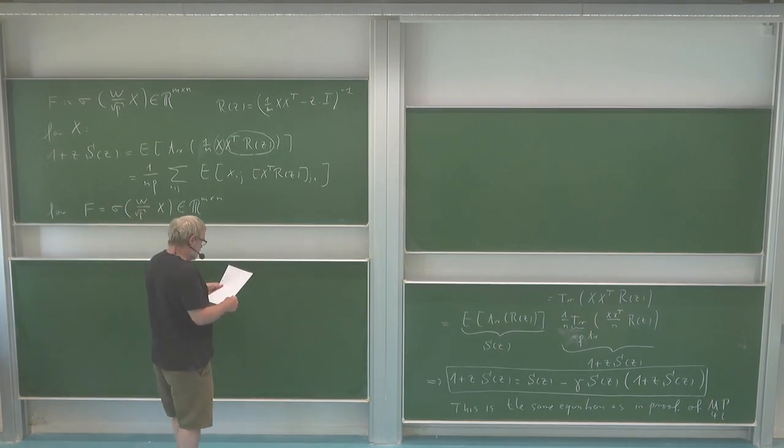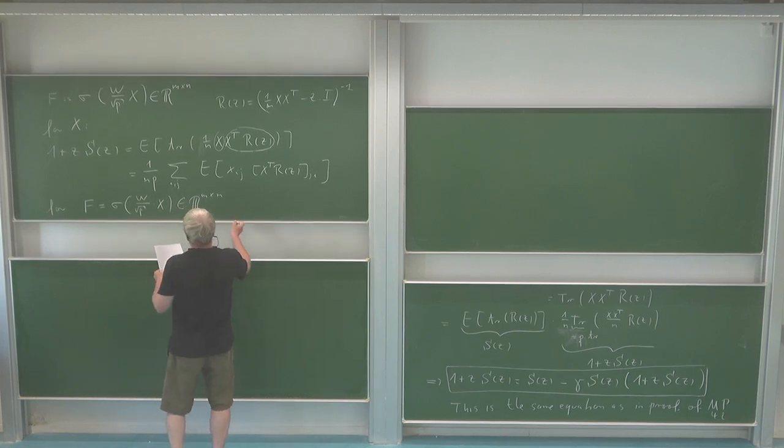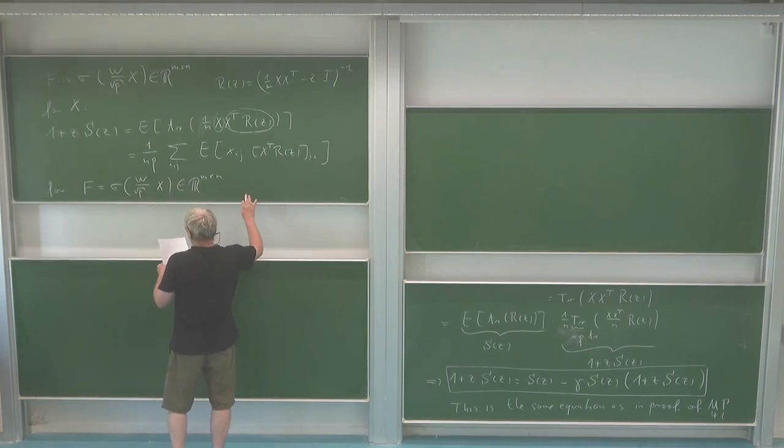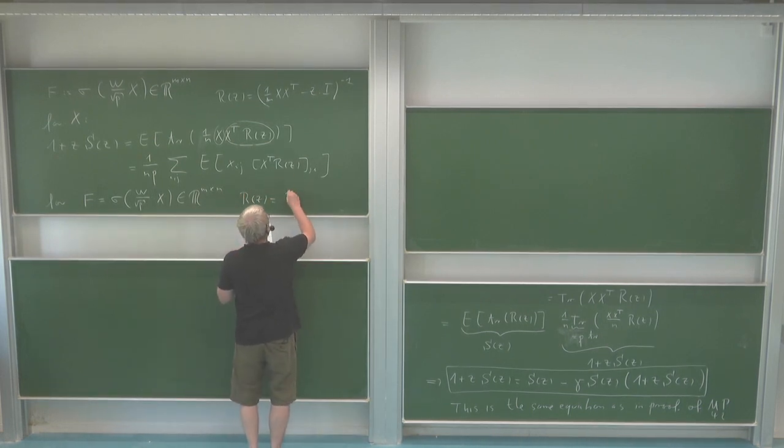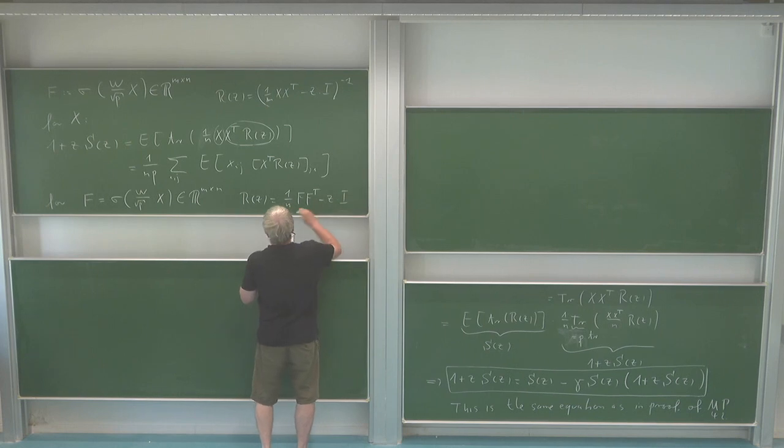So maybe now what I denote by the resolvent. This is the resolvent of this: 1 over N F transpose minus Z times the identity. And the identity is here an M by M matrix.